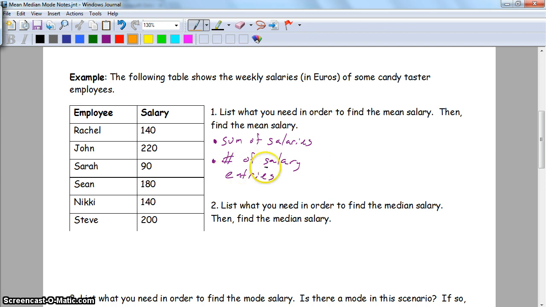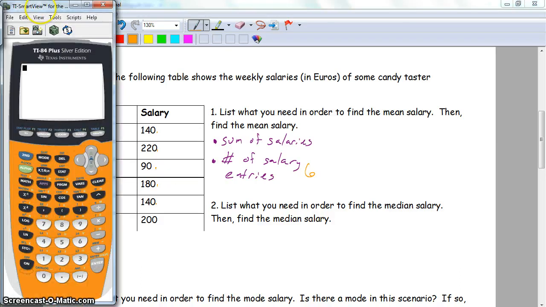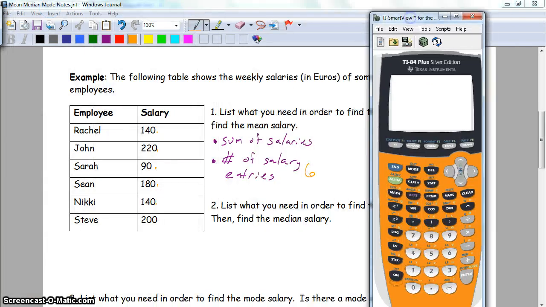The number of salary entries is easy. Count them. 1, 2, 3, 4, 5, 6. There's 6 of them. Now the sum, you might want to get out your calculator, and we'll put these in. You got 140 plus 220 plus 90 plus 180, 140 and 200.